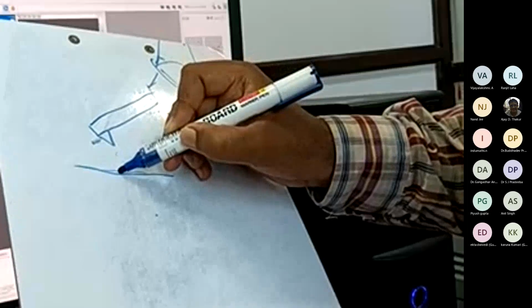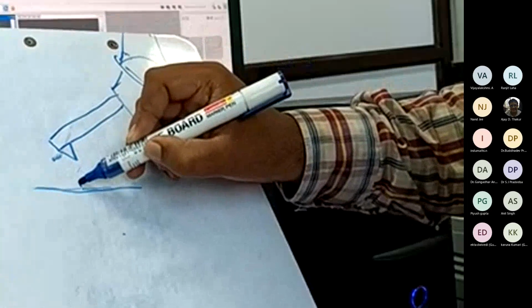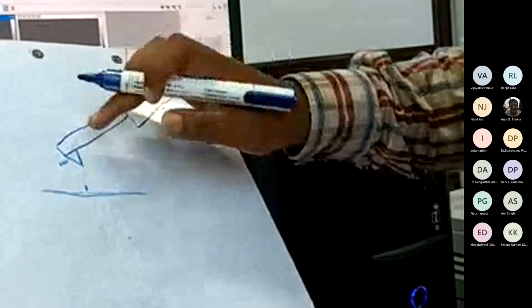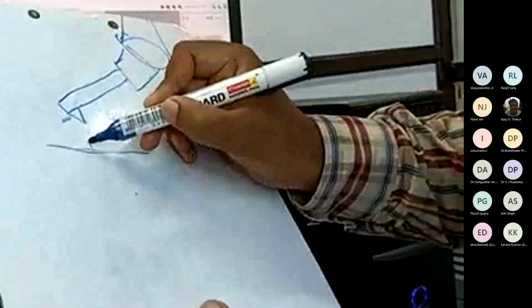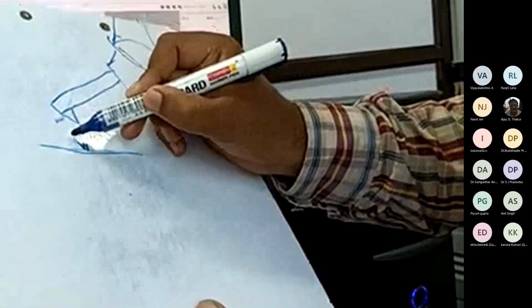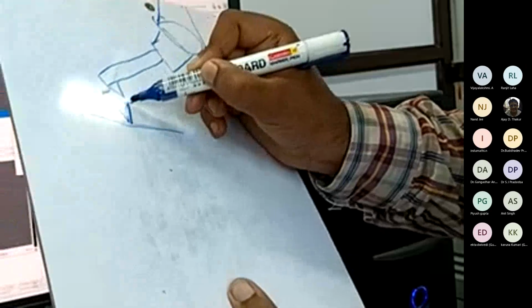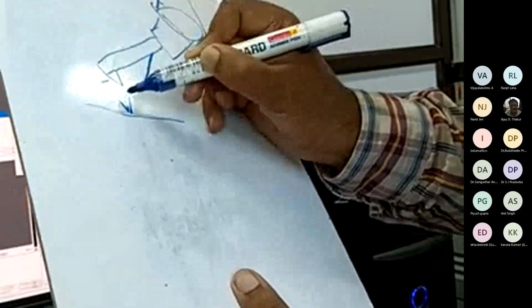Suppose it goes close to the sample and it hits a little bit. In that case, it will absorb a little deflection. The cantilever will be like this.